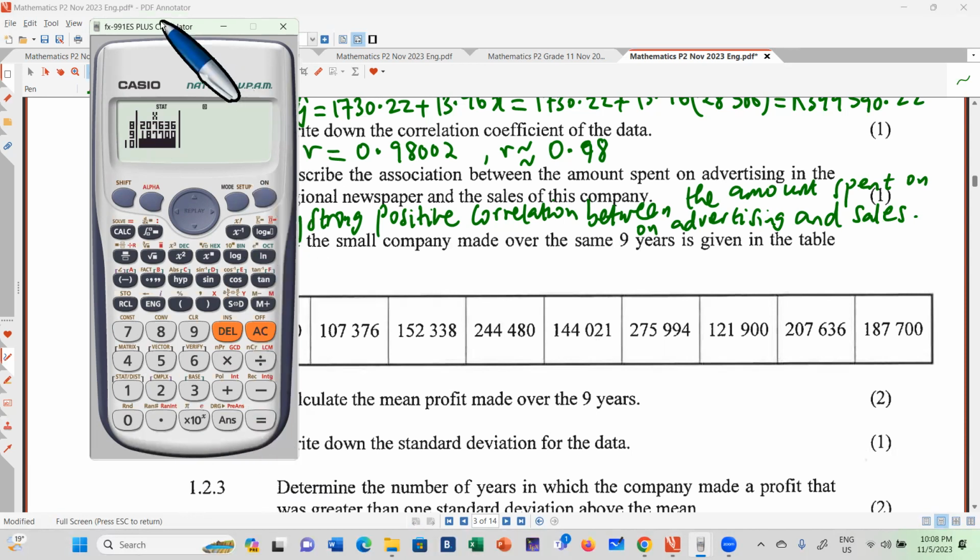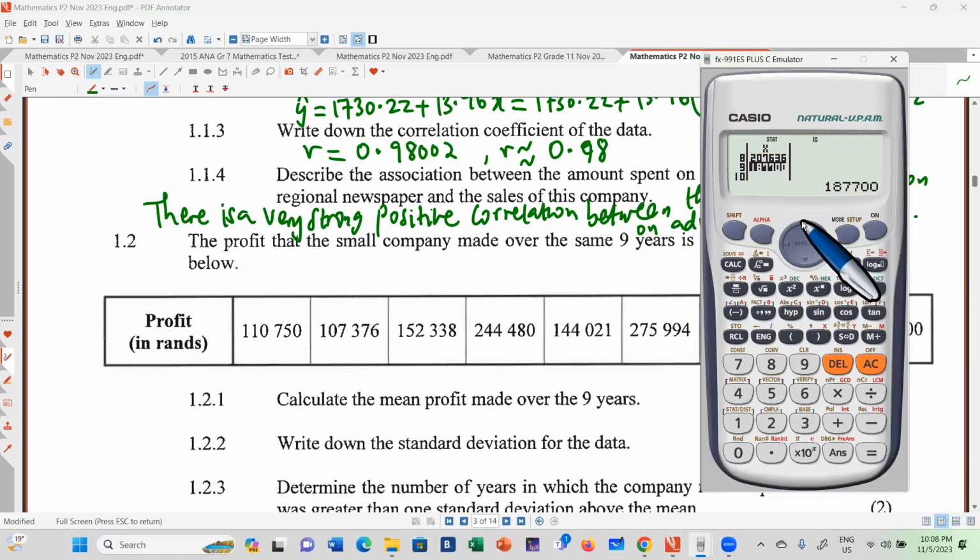Right, so we have actually entered these figures. Let's just check if we have entered the correct ones, because there can be some mistakes. The first one is 110,750. Is this one? The second one is 107,376. Is that one? The next one is 152,338.